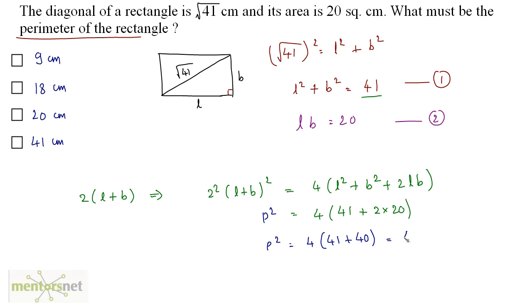So this is 4 times 81, that is 324. So P square is 324. So P is equals to root 324, and that is equals to 18 centimeter. So the perimeter is 18 centimeter, option B.